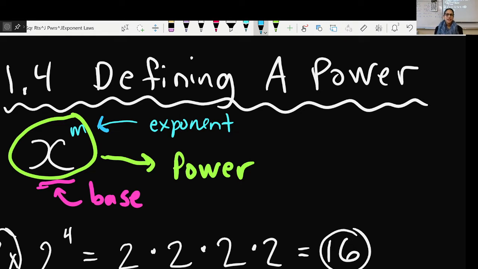Okay, so overall, the whole thing would be called a power. But just the big number is the base, and the tiny little number at the top is the exponent, right? You can think of it this way. The exponent is needy.